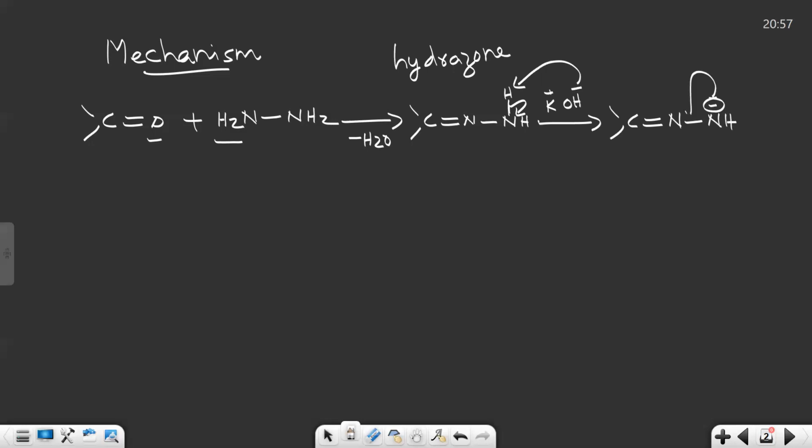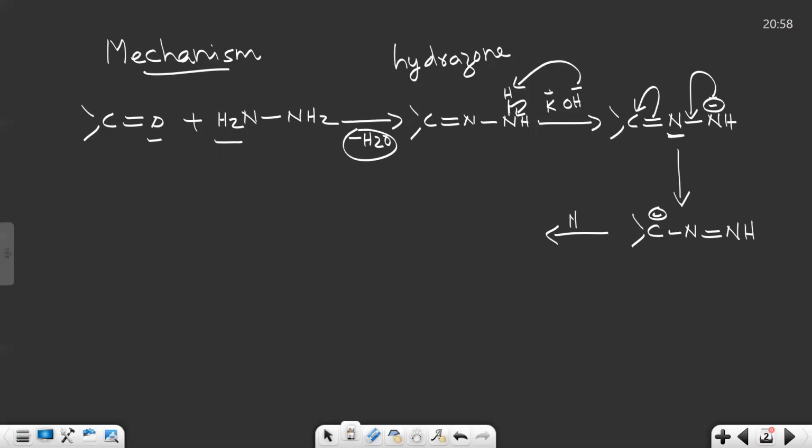Now, when this lone pair moves here, this double bond shifts back to the carbon atom. Otherwise, around the middle nitrogen, there will be 4 bonds. So, when this shift takes place, you will get carbon with a negative charge, single bond N, and then double bond NH. Now, the next reagent is the water molecule which gets released here, right?